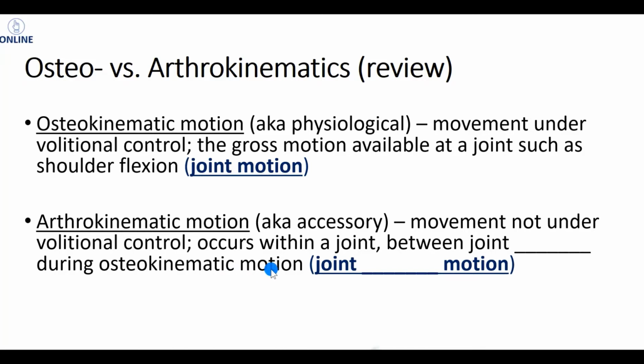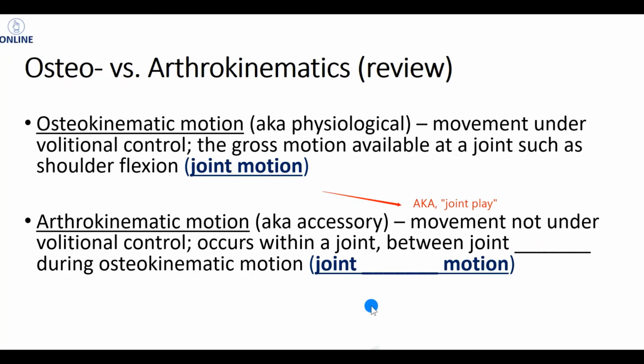Sometimes you have two dynamic bones moving. These are also referred to as accessory motions or joint play motions. So that's another term to know, joint play. So to summarize, we have joint surface motions, and these are called joint play motions.